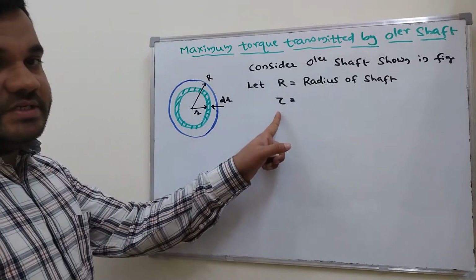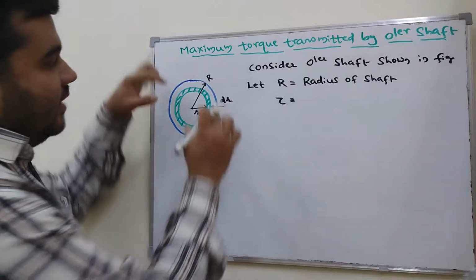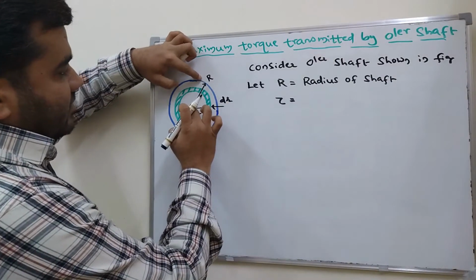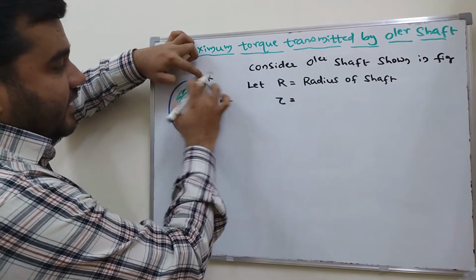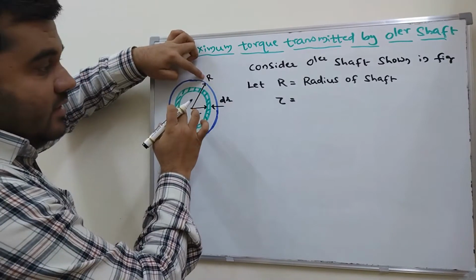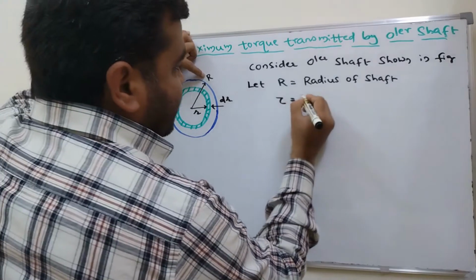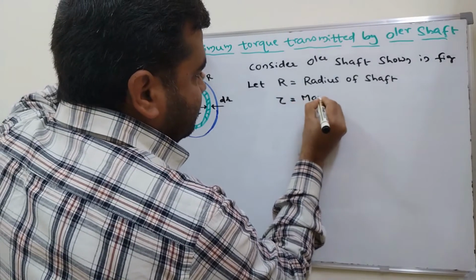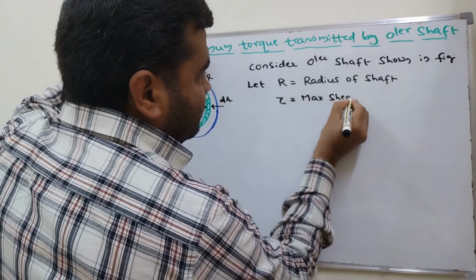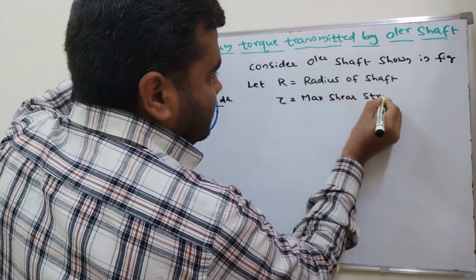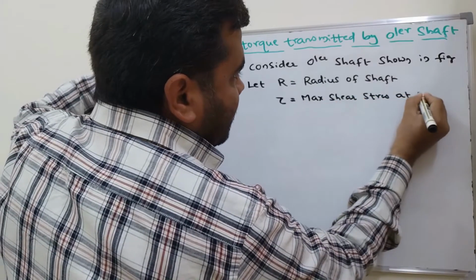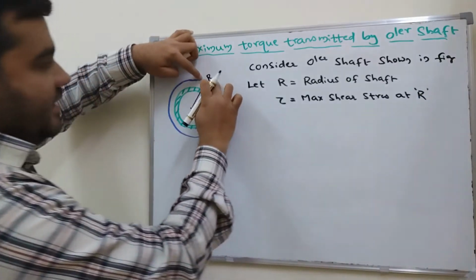Tau is the shear stress developed at R, that is the outermost surface. So here is the maximum shear stress, that is, the maximum shear stress at radius R.